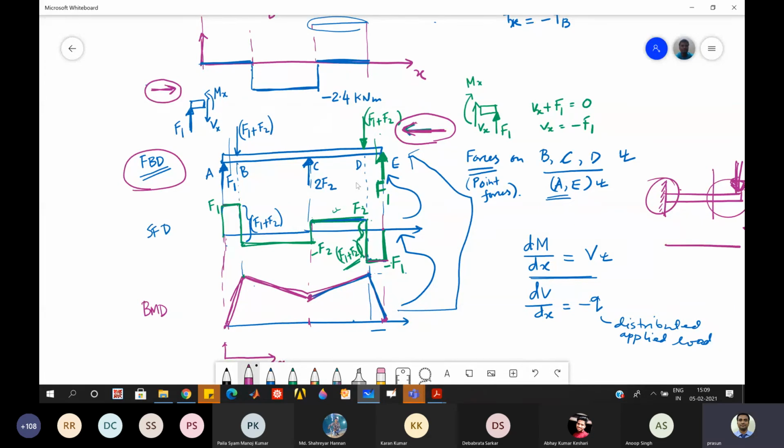So the easiest way is you just replace these two forces by one roller support and one pin support.